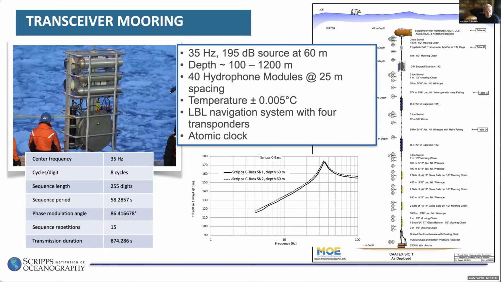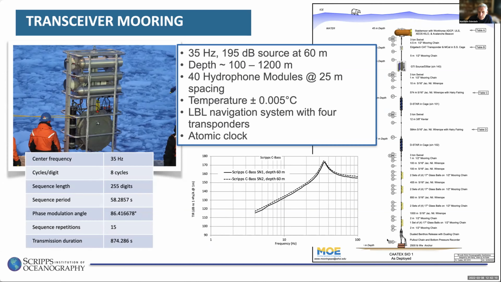Let me tell you a little bit about our equipment, because many of you see our group working down in our lab, and this is what they're doing. They're building this kind of equipment that goes out on these moorings, shown on this diagram on the right.